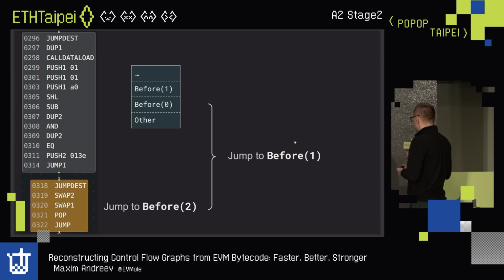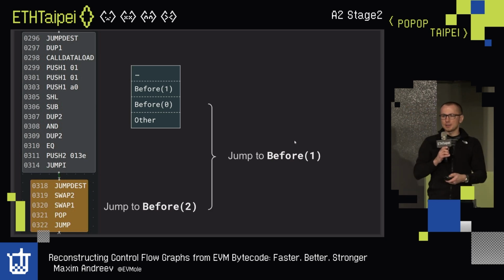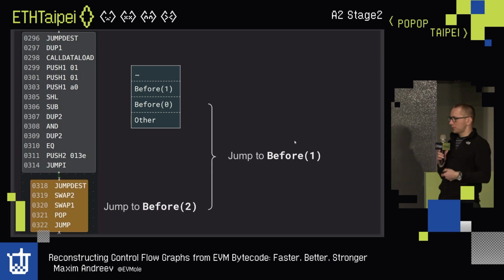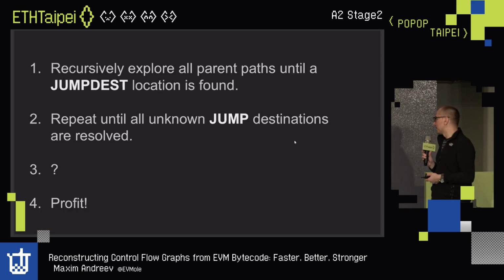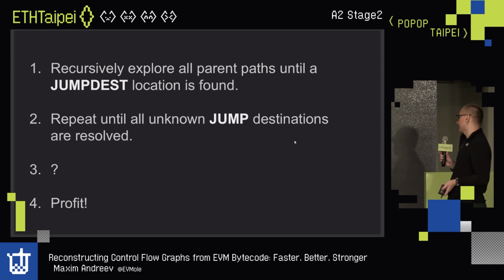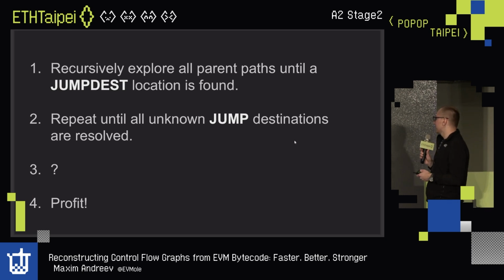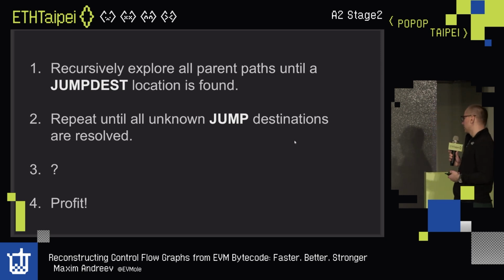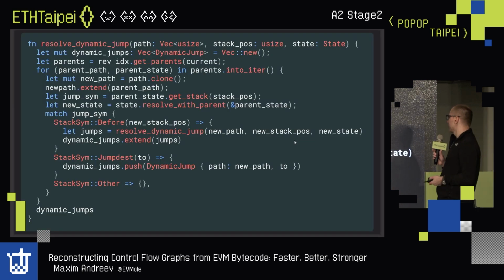We see that before 1 is unknown to us, so we need to go up and see the parent of this stack to know the exact location of the jump. The algorithm looks very simple. We can recursively explore all parent paths until we find the jump dest location, repeating until we know all unknown jump destinations, and we solve it.